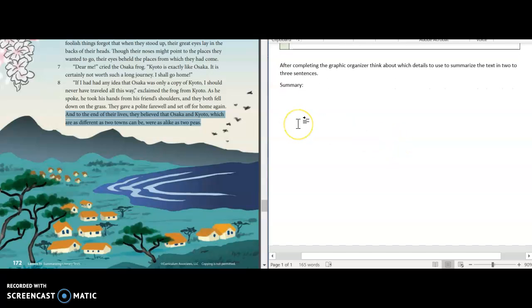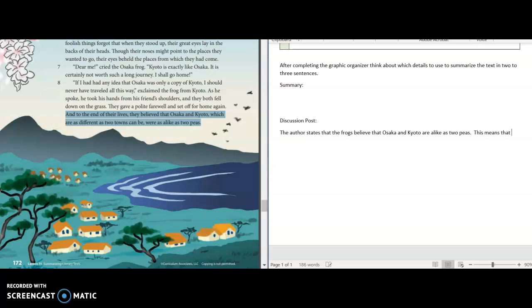So I'm going to scroll down here and let's review. The author states that the frogs believe that Osaka and Kyoto are alike as two peas.